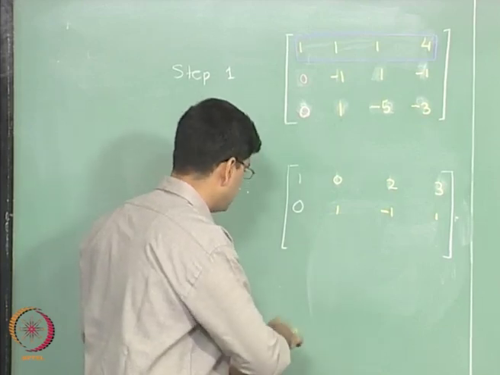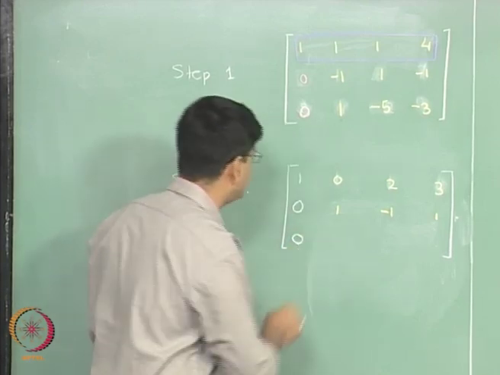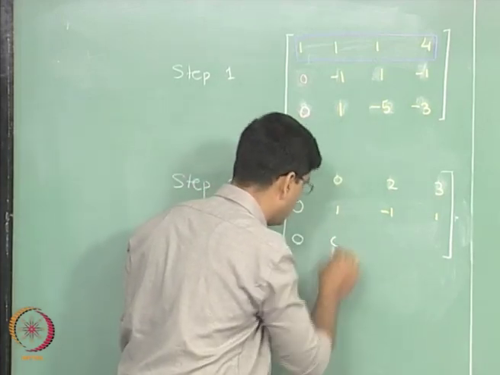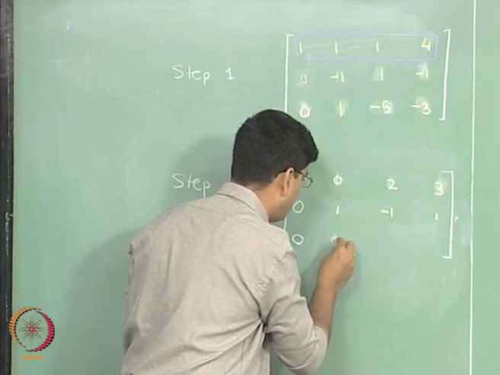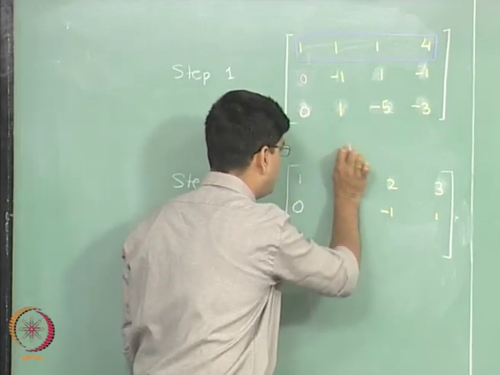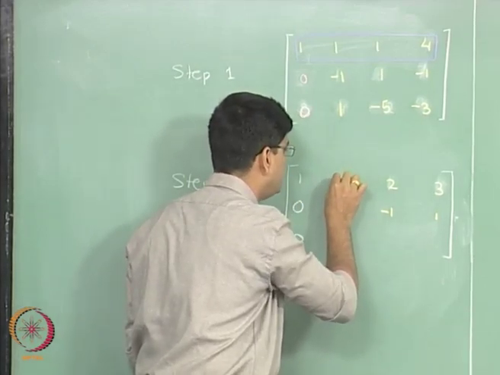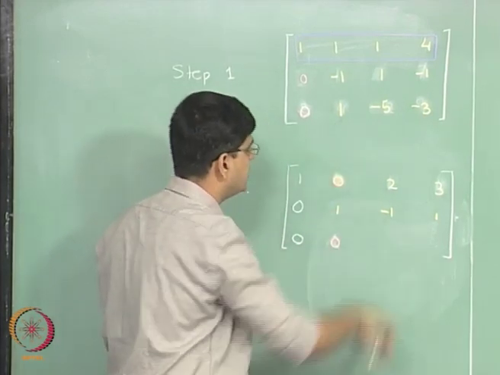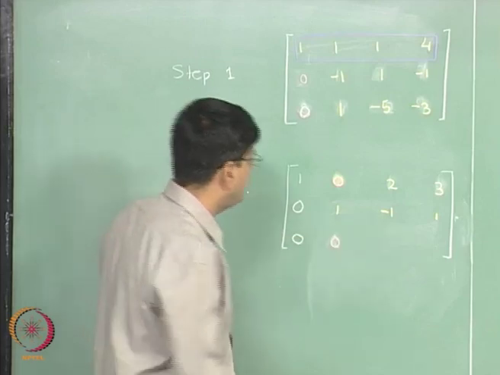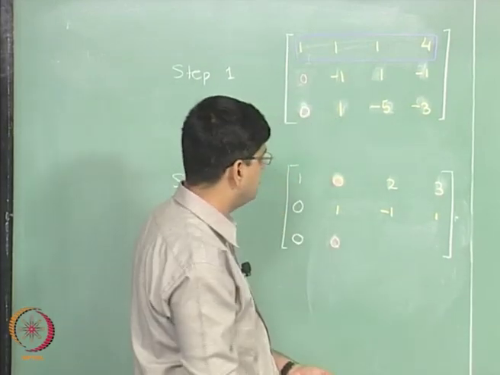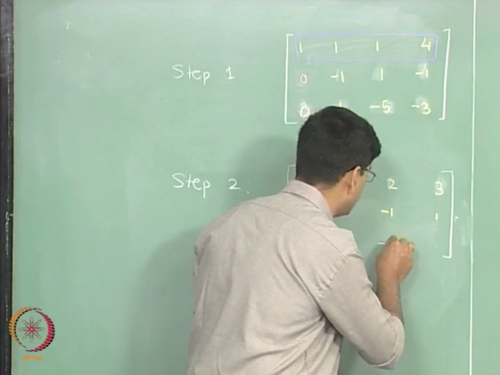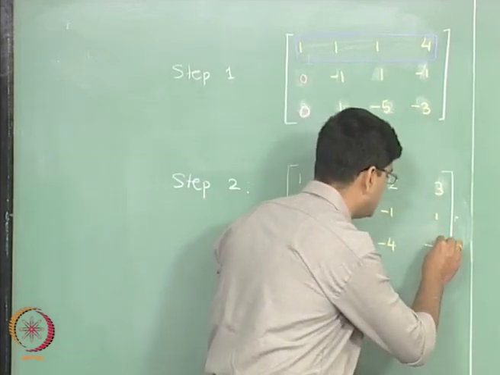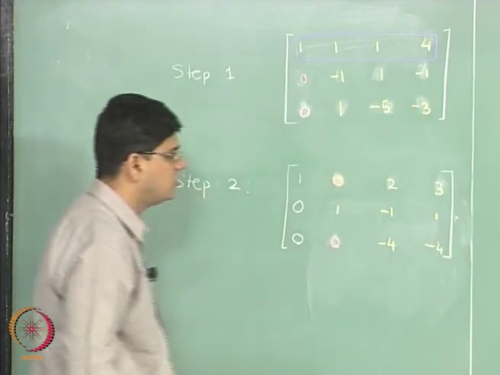This 0 has not been affected, and we know for a fact that this element will become 0, and likewise this one, so we will not do the computation over here. The computation will be done over here: this minus 5, as we had done before, is going to be minus 4, and this minus 3 is also going to be minus 4.